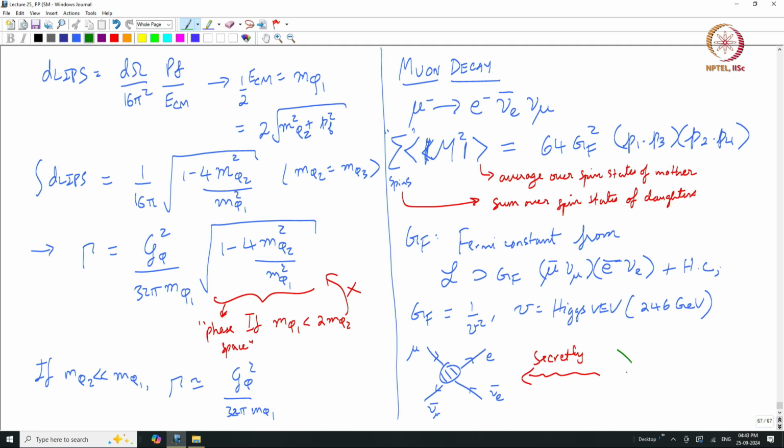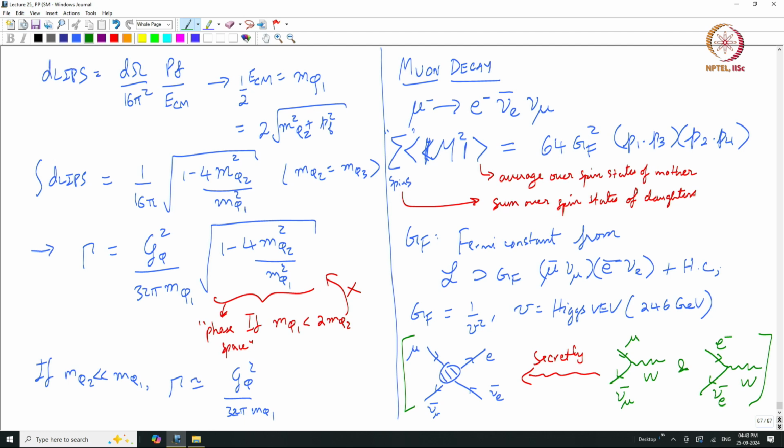Ultimately this is the fundamental vertex for the muon and muon neutrino. This is another fundamental vertex. We put these together and get the contact interaction vertex. That is exactly what we saw when we did electroweak symmetry breaking.